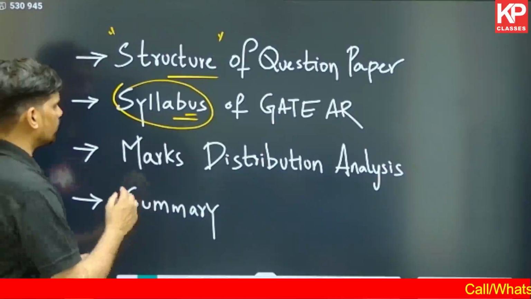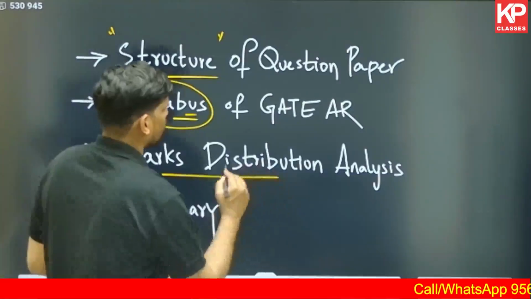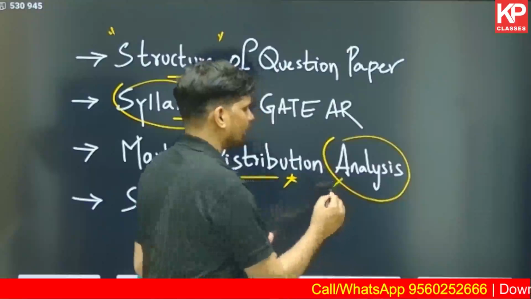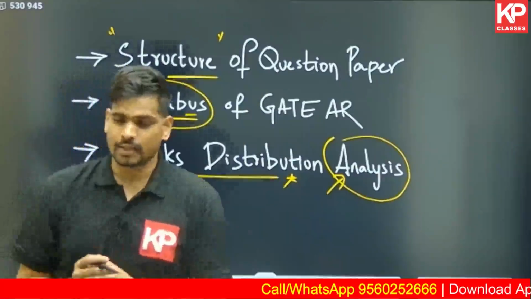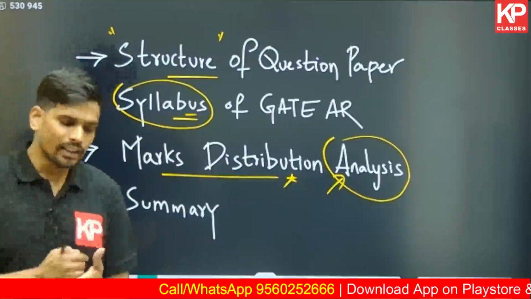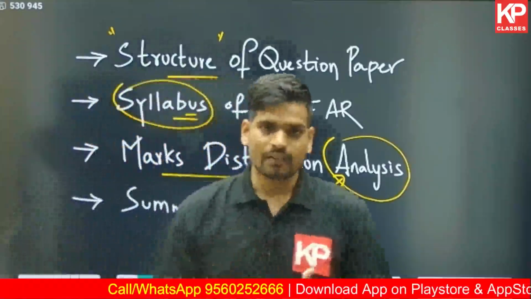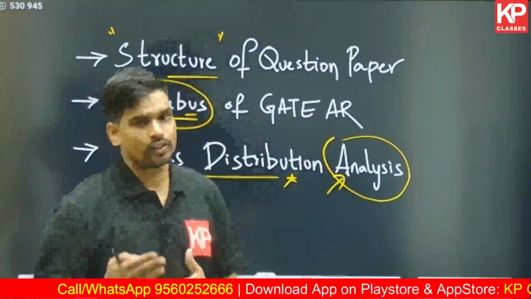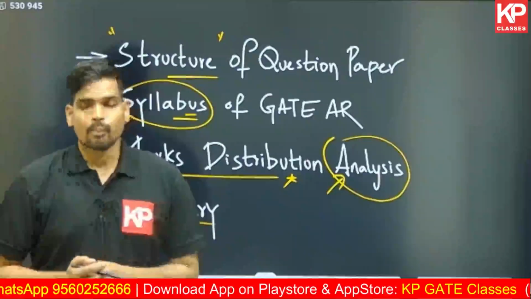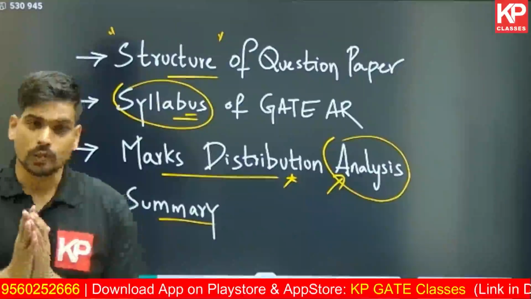We will also go through the marks distribution, which is an important insight for you to analyze the question paper. I will take you through some important pointers to keep in mind even before you start your preparation, which will be helpful in the long run to score well. And finally, we'll summarize with some important pointers to keep in mind during the course of your preparation.